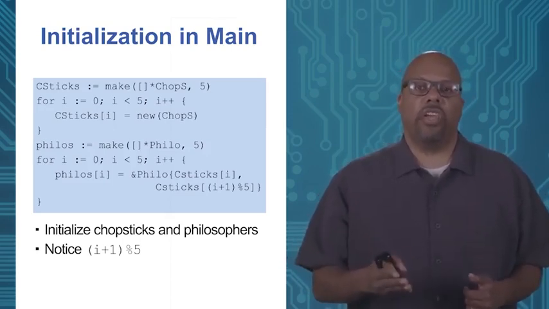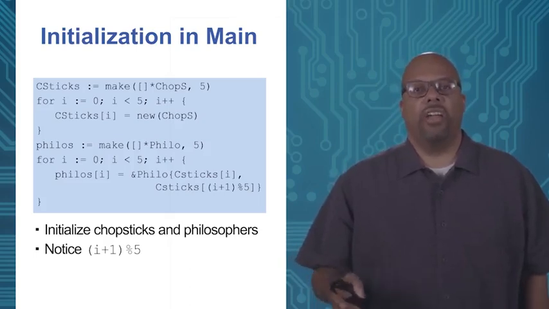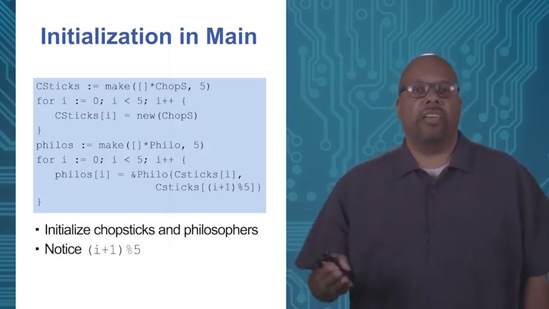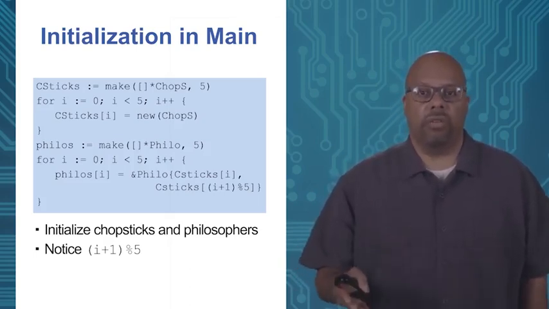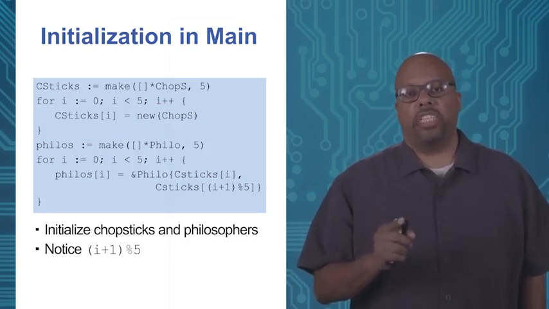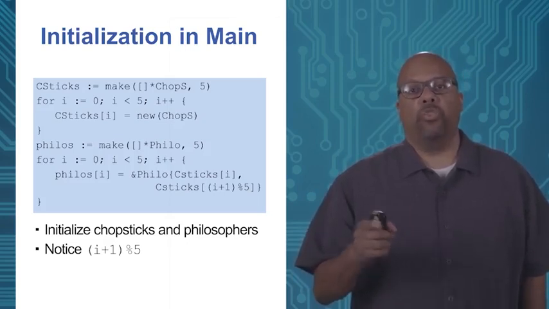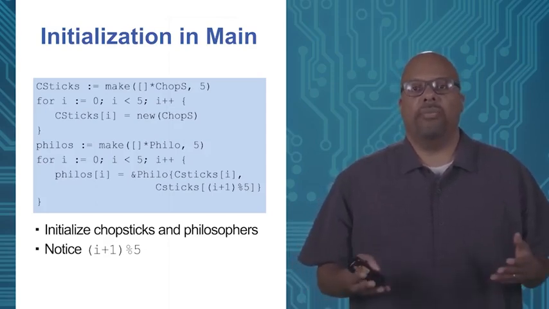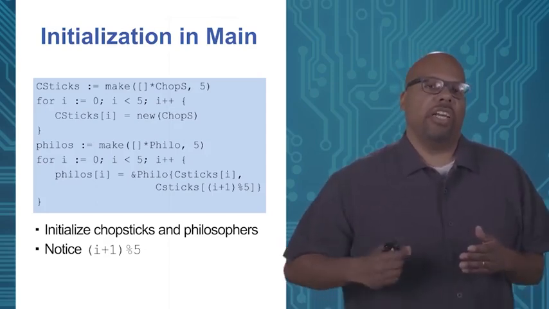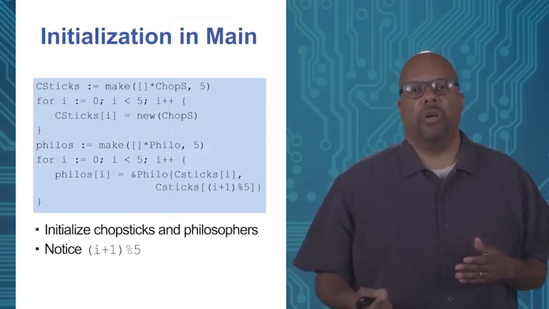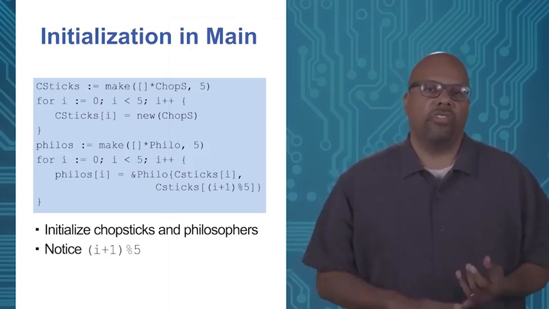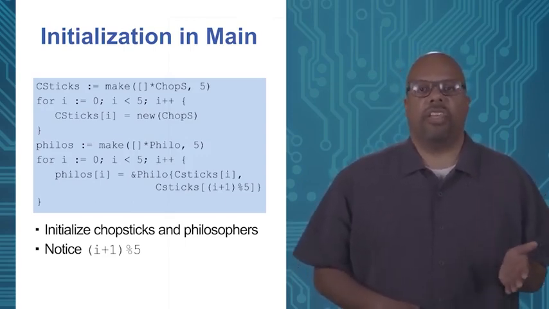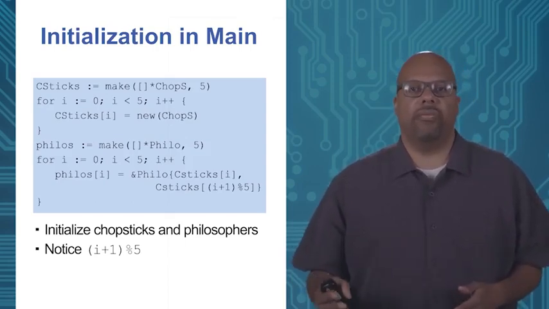So the first thing, the left chopstick, is cSticks[i], right? So if this is philosopher 0, the left chopstick is going to be chopstick 0. And then notice that the right chopstick is (i plus 1) modulo 5. You have to do the modulo 5 to account for the last philosopher, philosopher 4. So philosopher 0 is going to have chopstick 0 as its left chopstick and chopstick 1 as its right.